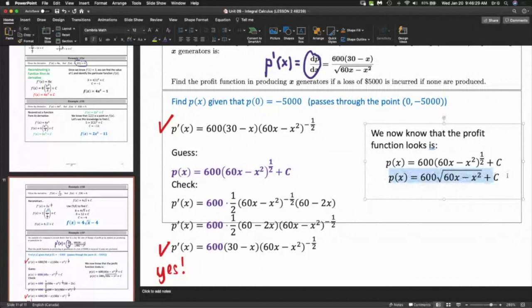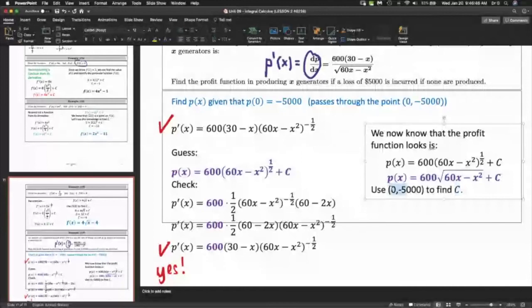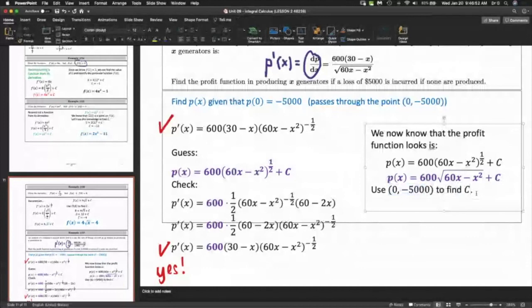So let's use 0, negative 5,000. Find C. So plug in 0, negative 5,000.